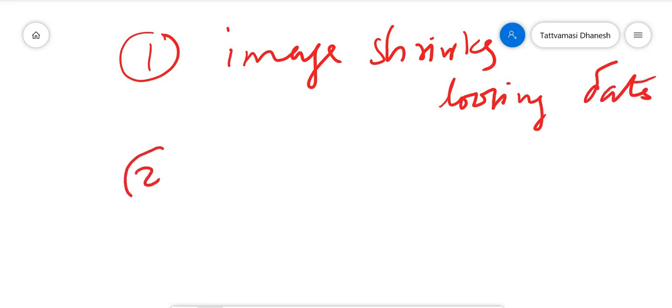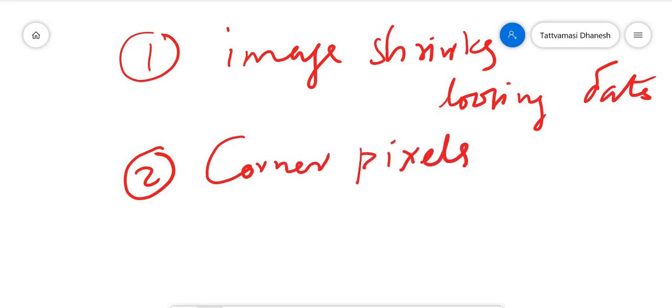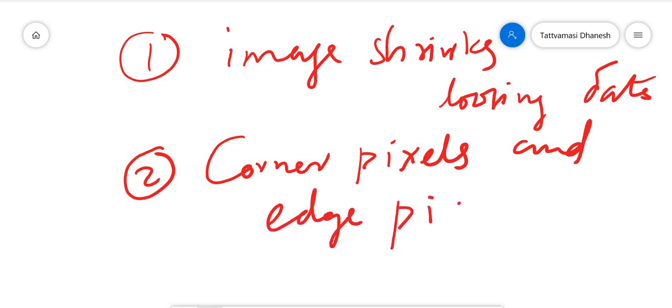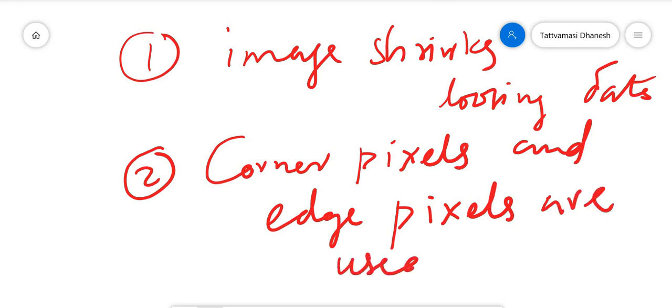The second disadvantage is that when you do the convolution operation, the corner pixels and the edge pixels are used less in the convolution operation.